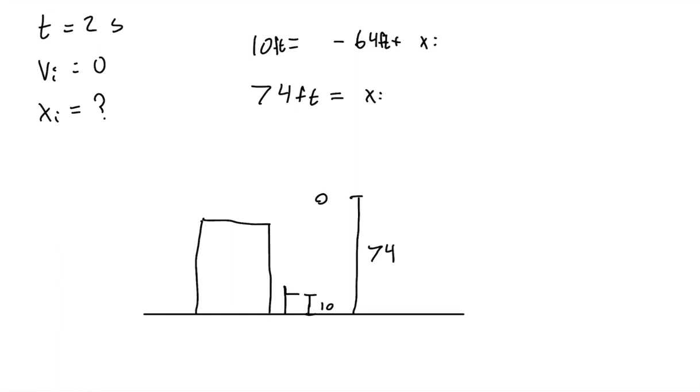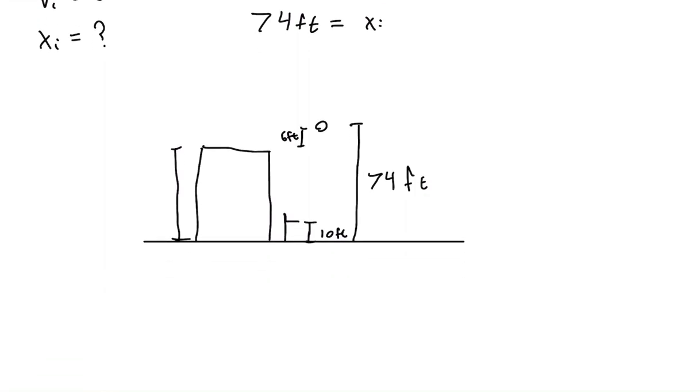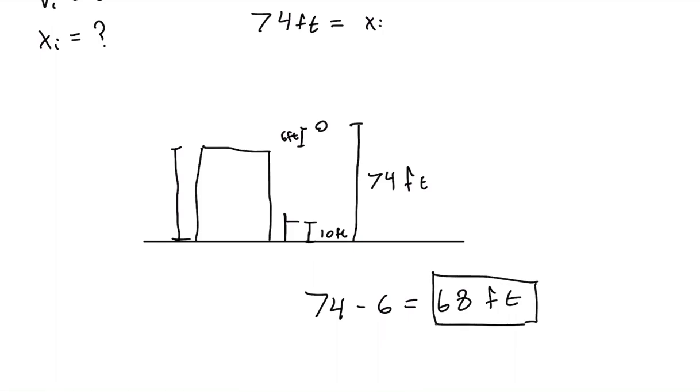There's our ball. And we know we're still throwing from 6 feet above the building. And we want to know how tall the building is. Okay, so to do this, we're going to take our 74 feet, and we're just going to subtract 6 feet from it. So 74 minus 6, 68 feet. That is how tall the building is if the ball is in the air for 2 seconds.